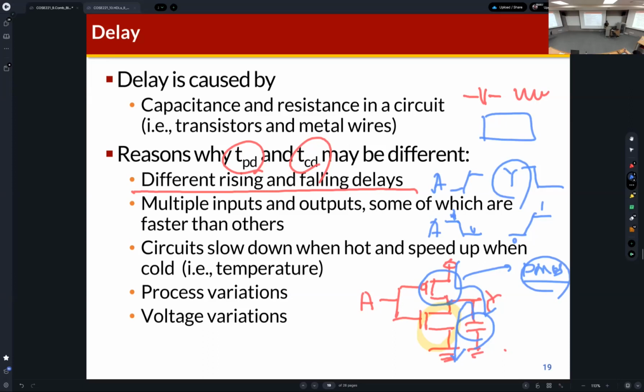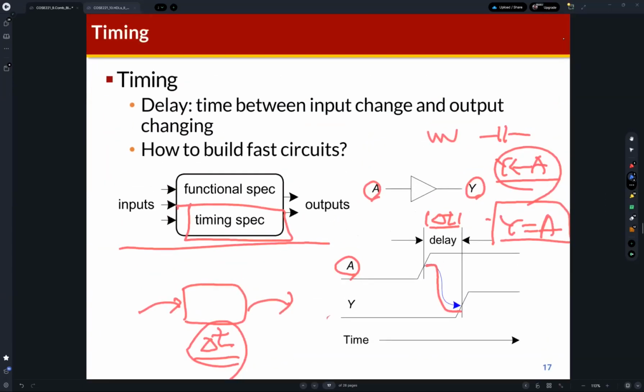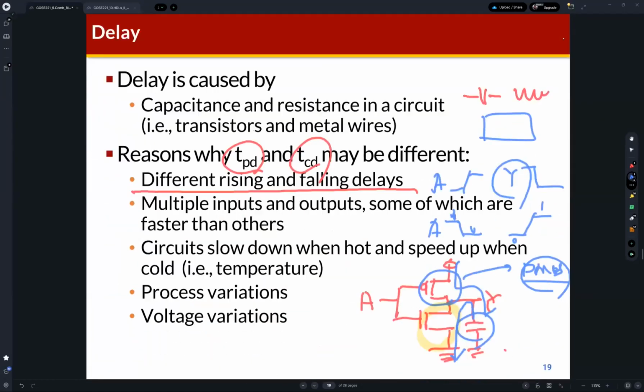So when a combinational logic is defined, we need to define the timing specification. When they provide the basic gates, it's called the library. So basic gate libraries also need to provide the timing specification. Because of this reason, they provide different rising and falling timing specifications in their library.